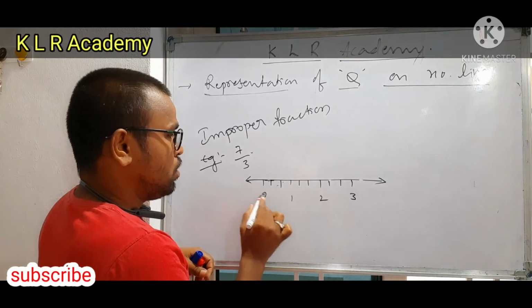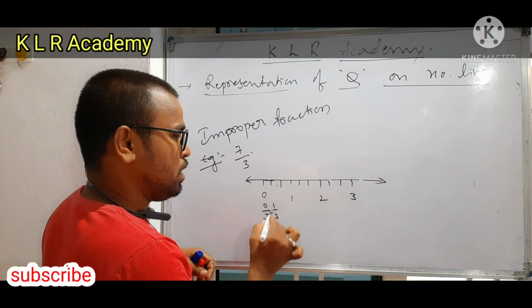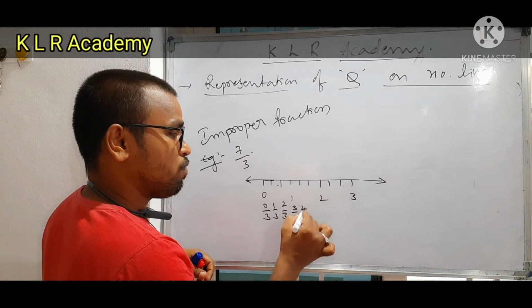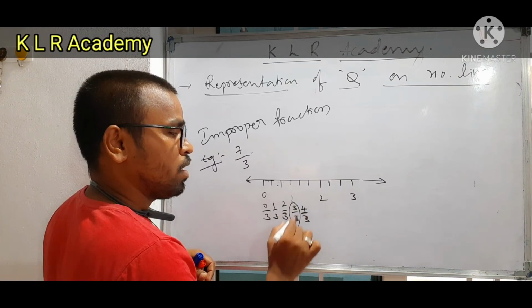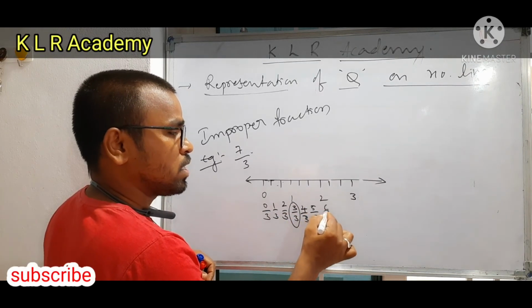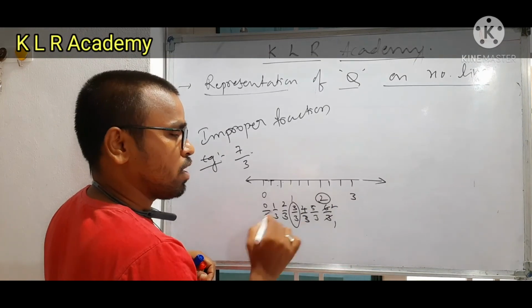So this is 0 by 3, 1 by 3, 2 by 3, 3 by 3, 4 by 3. 3 by 3 is 1, right? Next 4 by 3, 5 by 3, 6 by 3, which is 3 twos, right? You are getting this value.